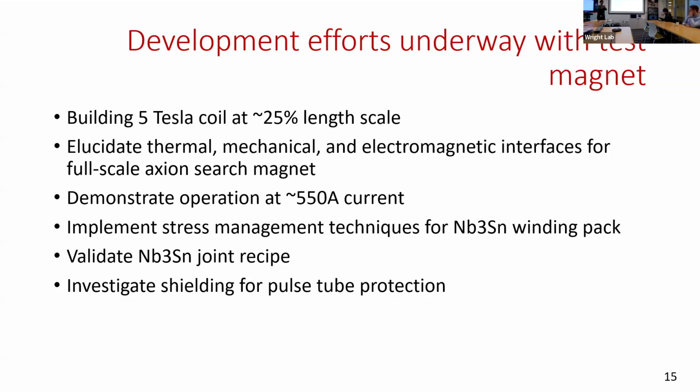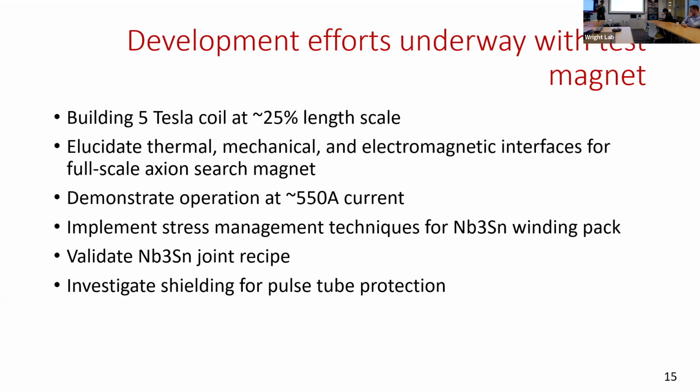As I mentioned, you can operate these magnets at high current densities. We're looking to operate at 550 amps. Niobium-3-tin is a brittle conductor, so you need to manage the stress on the conductor to avoid fractures. Beyond that, we're also validating joint recipes.